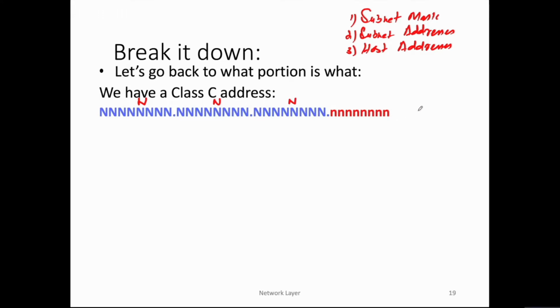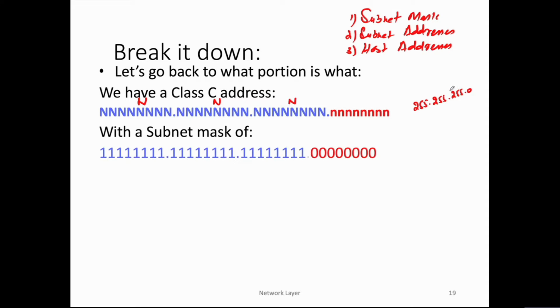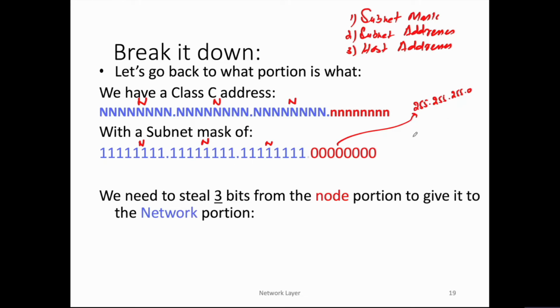At the moment, the default subnet mask, we all know, is 255.255.255.0. Since we have borrowed 3 bits from the host portion, these 3 bits have become part of the network portion.